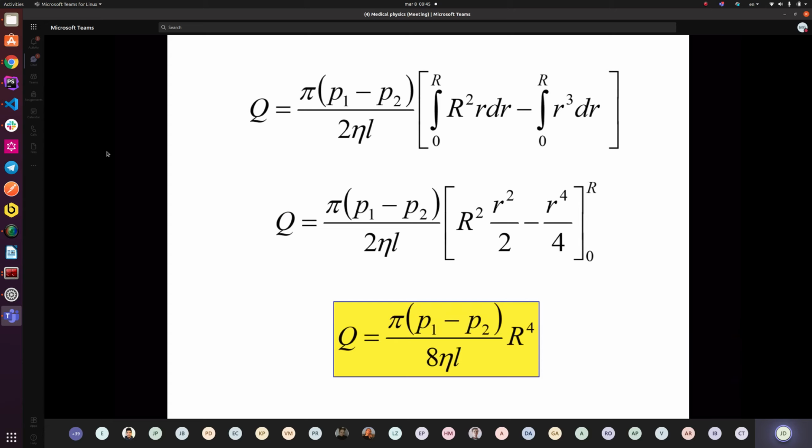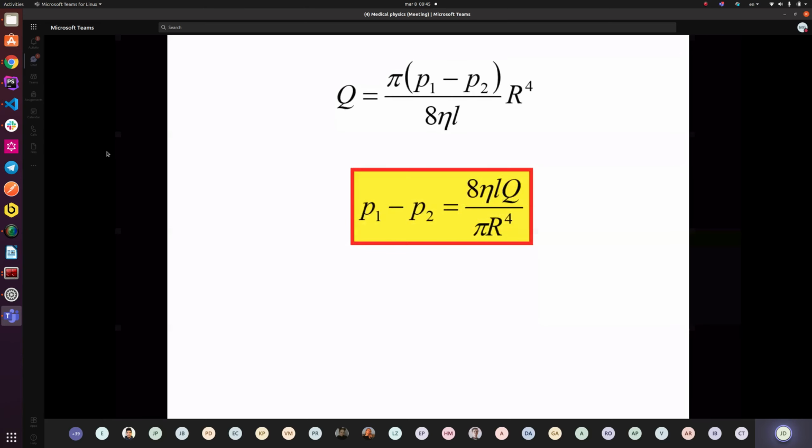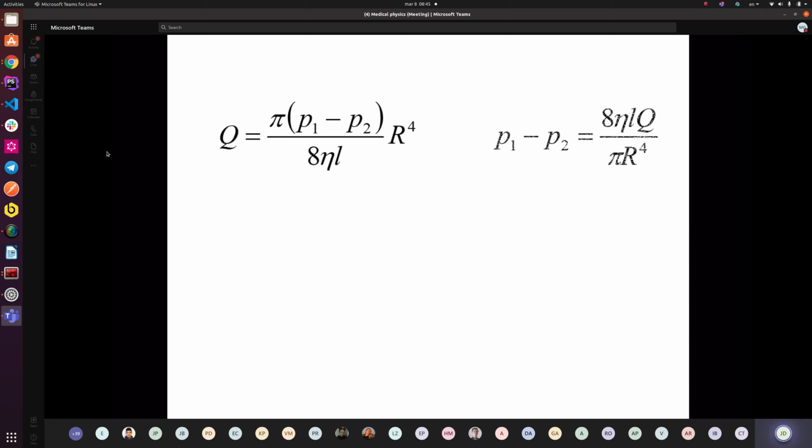Okay. From this one, we have the formula for the pressure. Actually, this is the same formula as above, a little bit transformed to get pressure out. So now we have two formulas. The left one assists us to control flow, and this one assists us to control pressure.